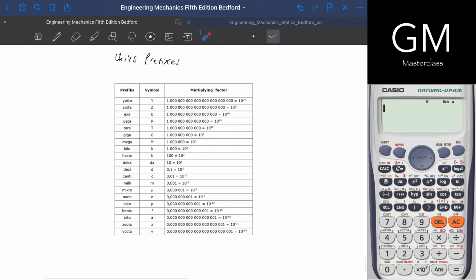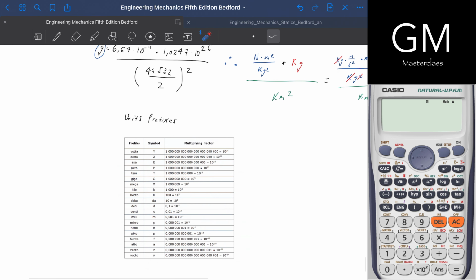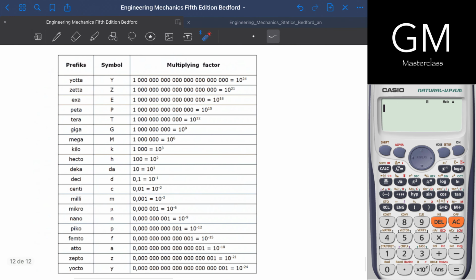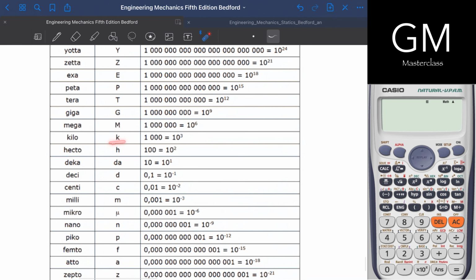Alright, close parenthesis. Because of this, when I look for the K, which is for kilo, it is equal to 10 to the third power.